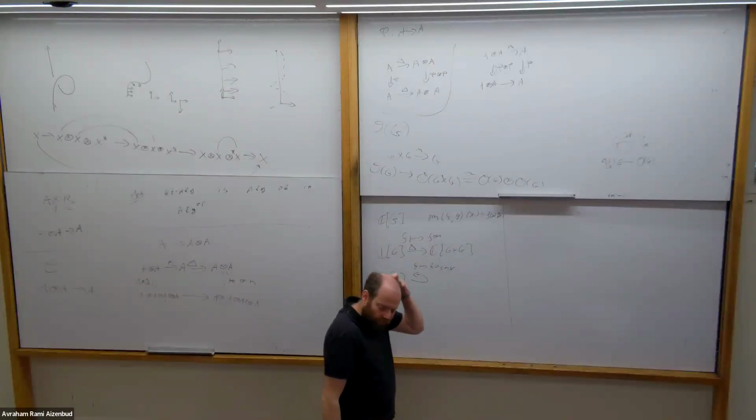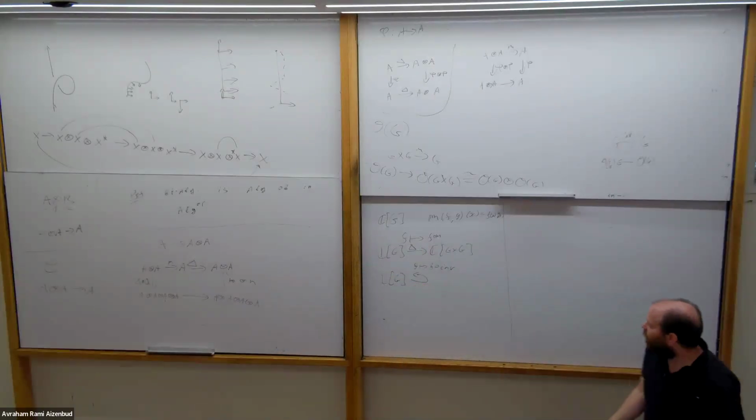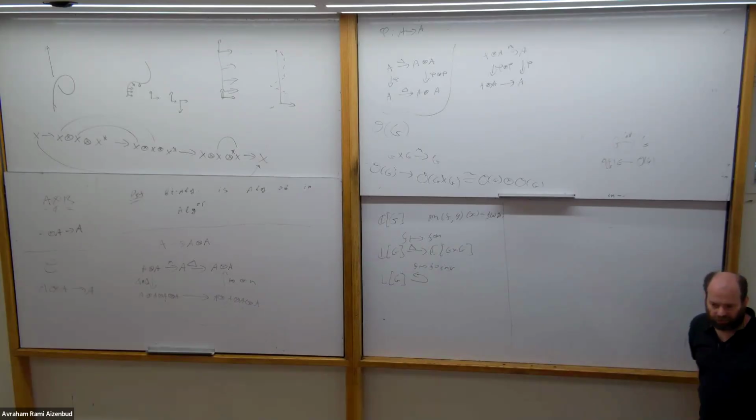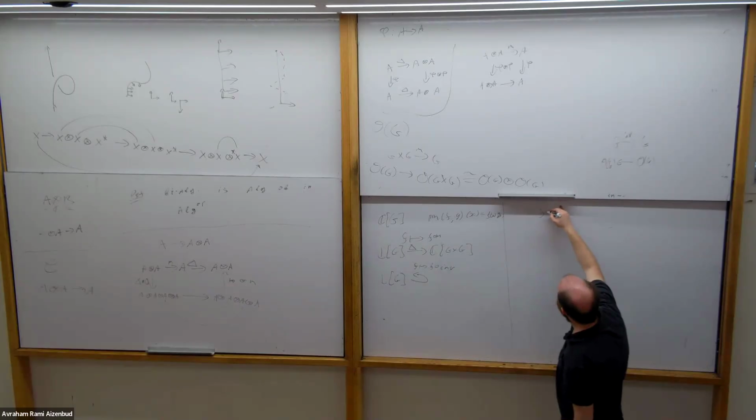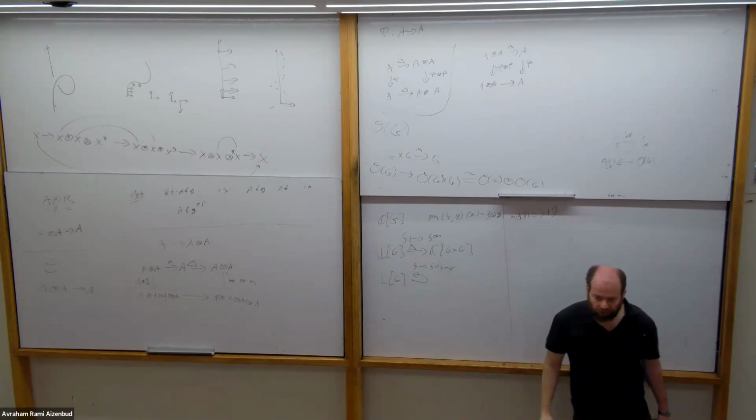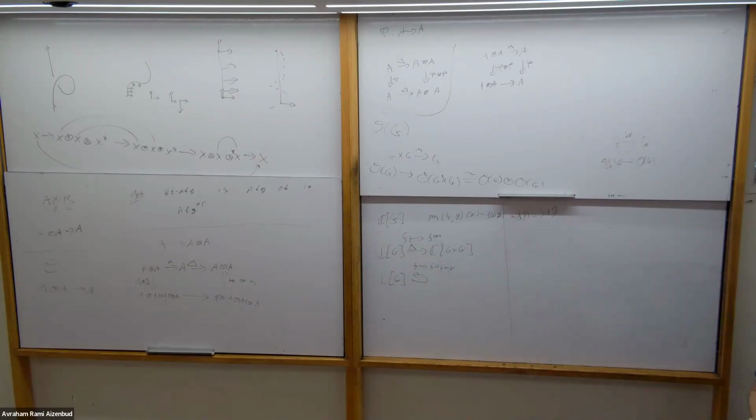But since it is a finite group, you can reverse the order of the roles. So you can define the product M of F, G to be convolution. This is not a commutative product, but the co-product will be commutative. What will be the co-product?